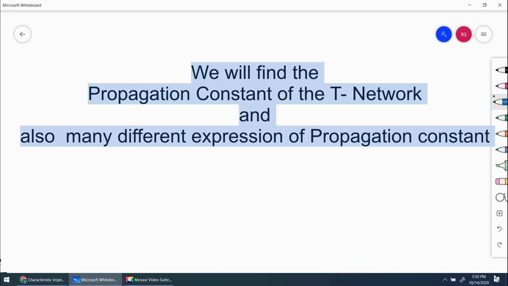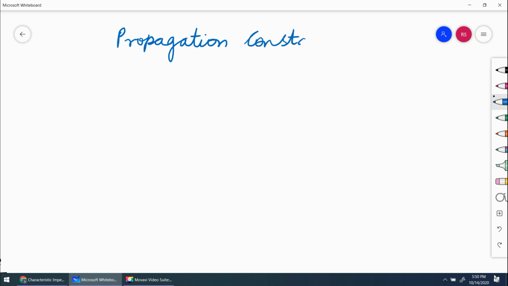Now next we need to find the propagation constant of T network.